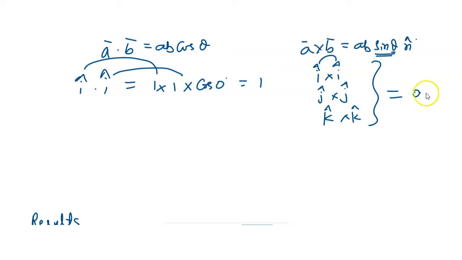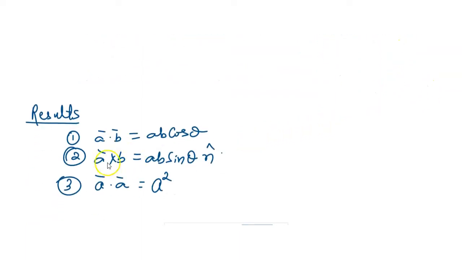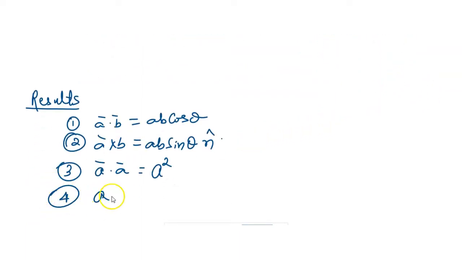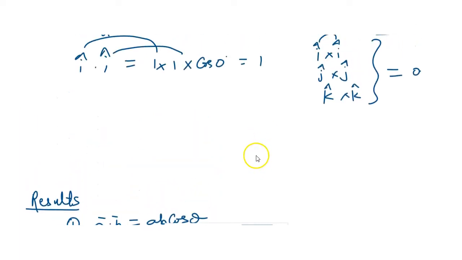That's why this result comes out to be 0. So we can make the point that the cross product of the same vector gives a 0 result. It is a 0 vector, because when we do operations on two vectors, we get another vector. So it's a null vector.